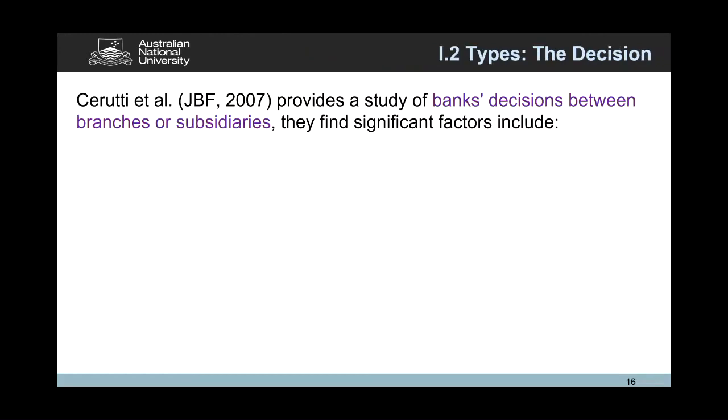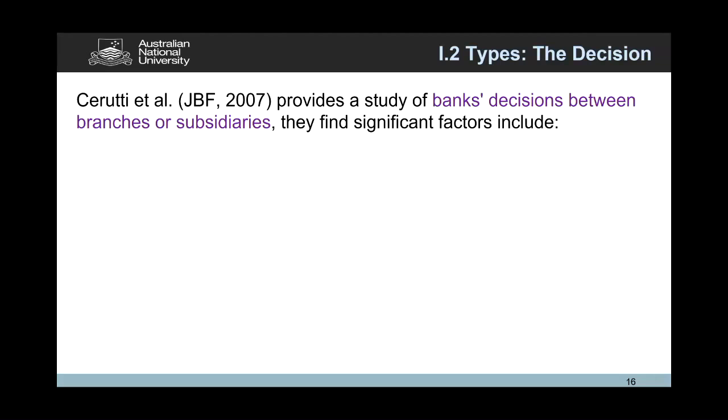So let's look more closely into a bank's decision when it decides on the operational form in a foreign market by looking at just the branches and subsidiaries, because these are the two most important types of how banks go foreign, right?